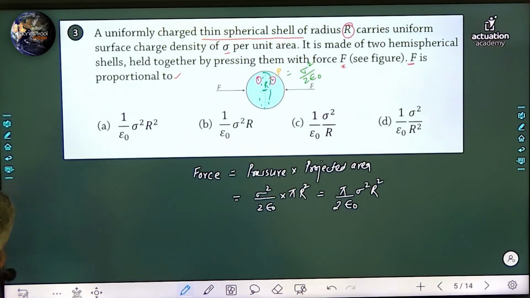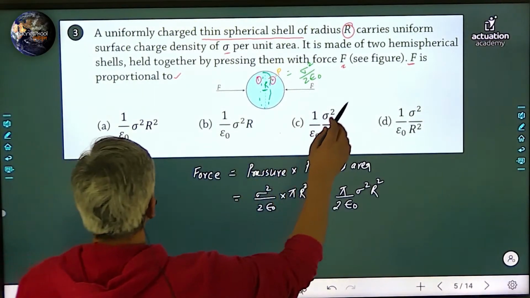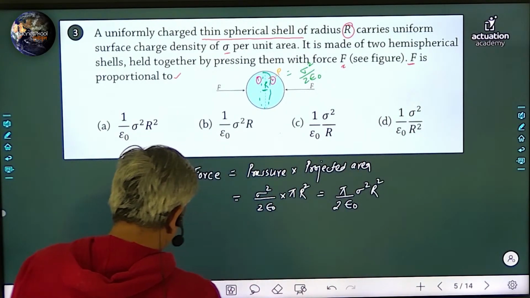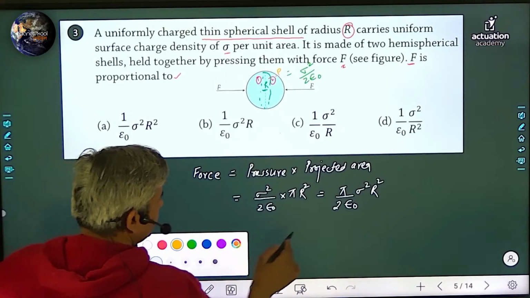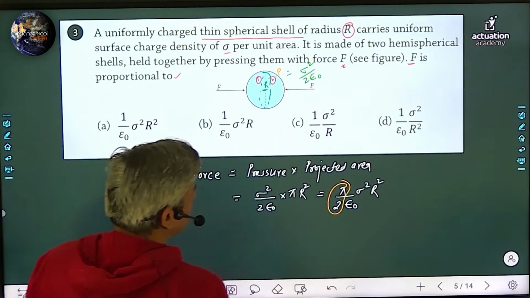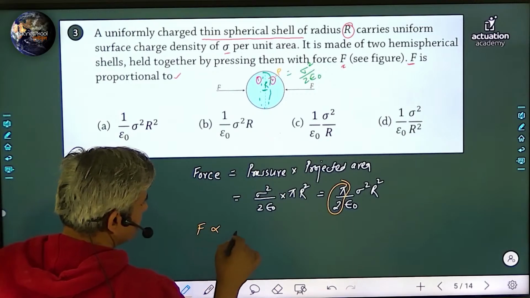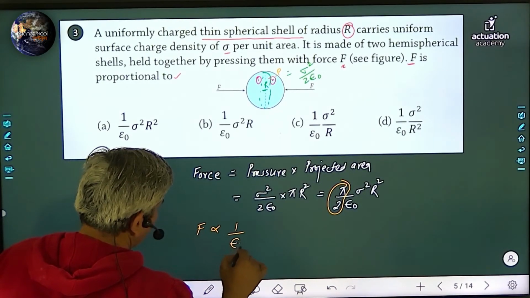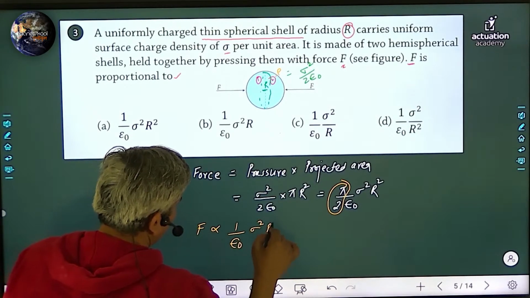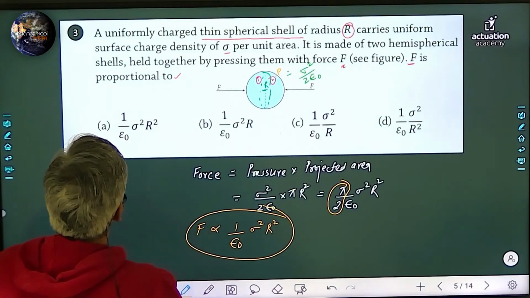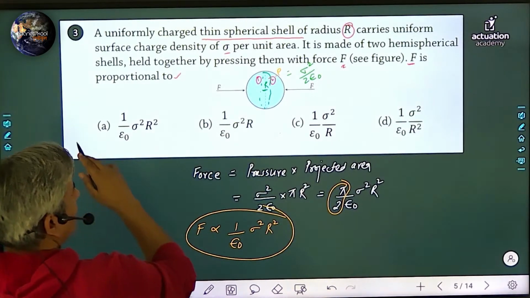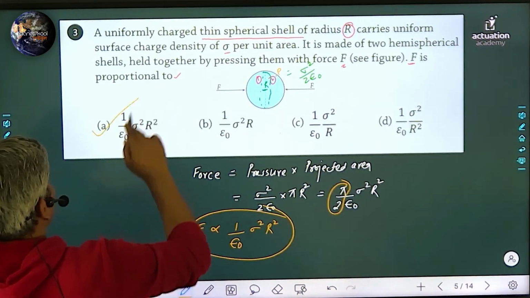From the given options, since it is asking what this is proportional to, pi by 2 will be a constant. So the force is proportional to 1 by epsilon naught sigma square r square. So from the given options, option A is the only right option.